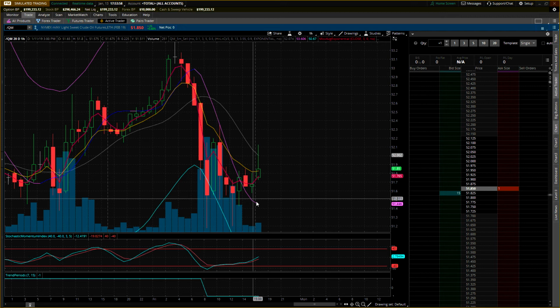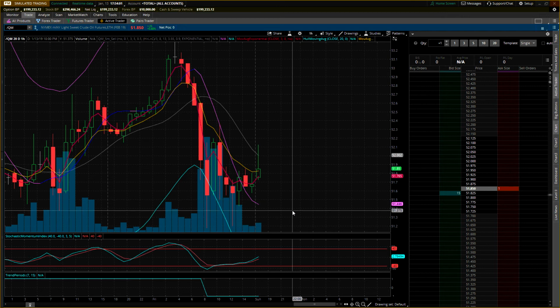Okay, the hourly chart has to follow the 15-minute chart. It has to confirm that the 15-minute chart is accurate information, right? We use the 15-minute chart to give us a lead up, if you will, that the hourly chart may follow suit, but it may not. And that's really important to understand.